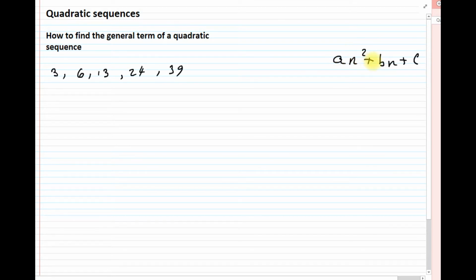A, B, C are numerical constants, and depending on what they are, it could be 0 or it could be some numerical value, but obviously A cannot be 0, because if A is 0, then we don't have a quadratic sequence. Now, we first need to establish whether this sequence is quadratic or not.